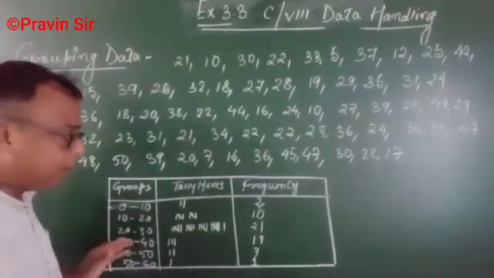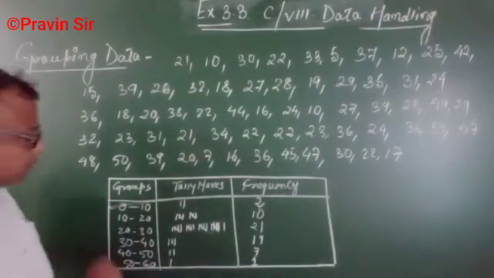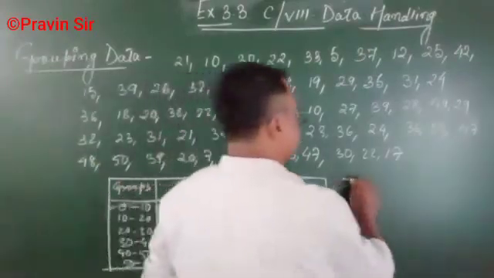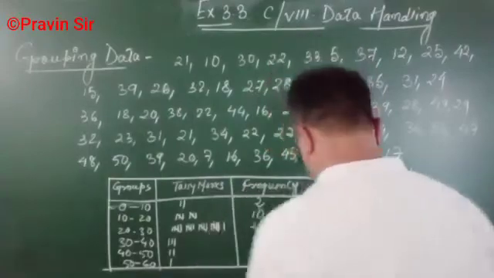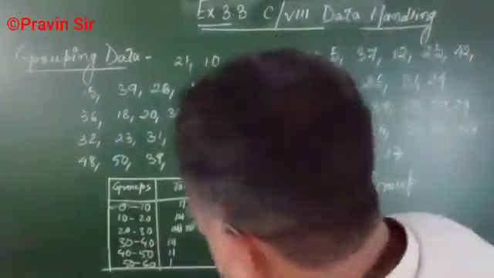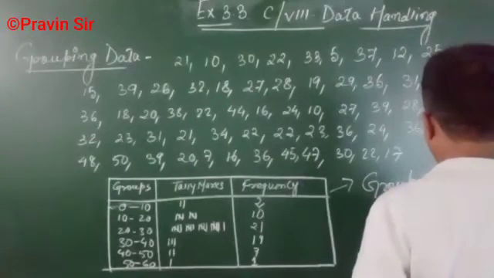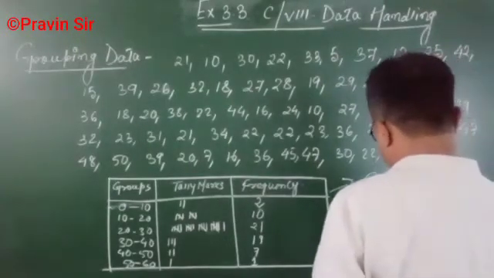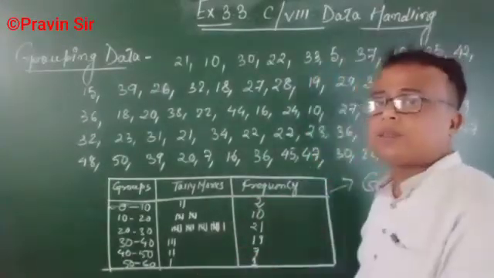This table is called a group frequency distribution table.